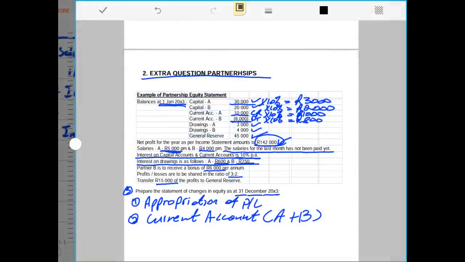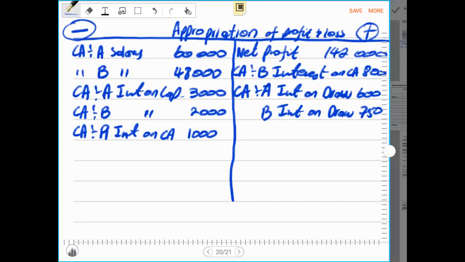The next one is to record the bonus that is to be received by partner B, and we know that a bonus is an expense. Therefore that bonus must be recorded on the debit side, and we are told that it's a bonus of 6,000 rands, current account partner B, and this is a bonus.